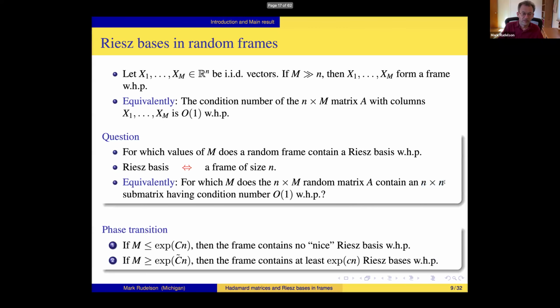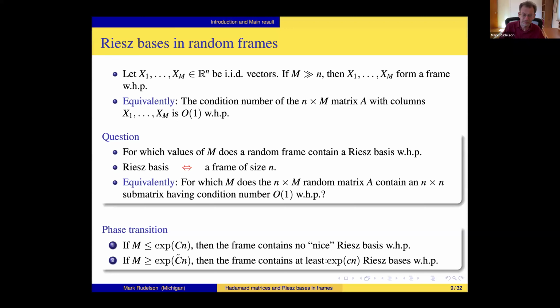Okay. And here is the answer. We have actually a phase transition. If the number of columns is sub-exponential in the dimension, then there is no Riesz basis with high probability. And as soon as we pass this exponential threshold, then the frame contains actually many Riesz bases, nice Riesz bases, with high probability.